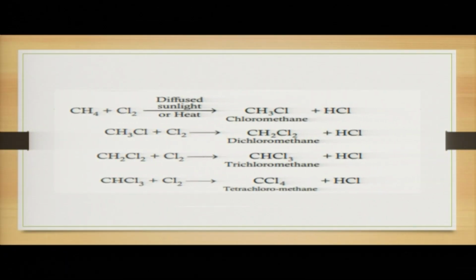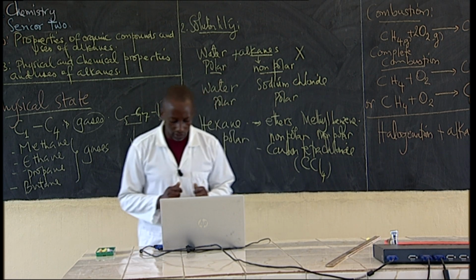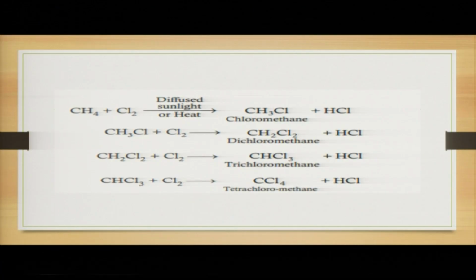So these are some of the examples. What we only need to note, just look at the screen, is that these reactions are substitution reactions. Just look at what is happening here. You see the methane over here with 4 hydrogen atoms. When it reacts with chlorine, one hydrogen is displaced by one chlorine.